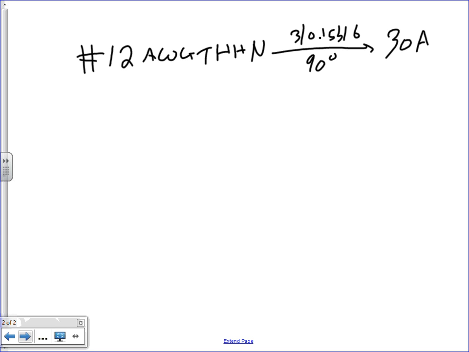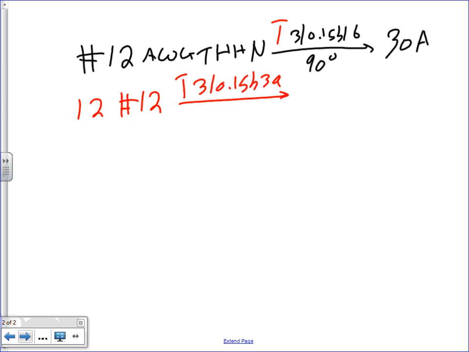So how many conductors do we have? We have 12 conductors, number 12, all carrying current. Which table do we use to derate? You guys remember the derating table? 310.15(B)(3)(A).